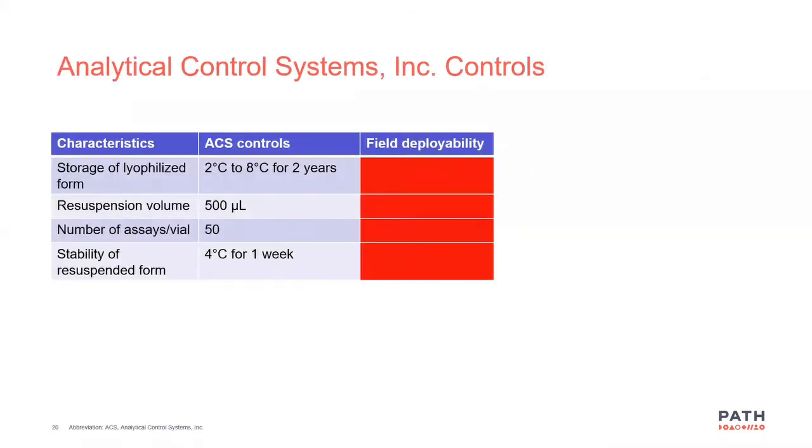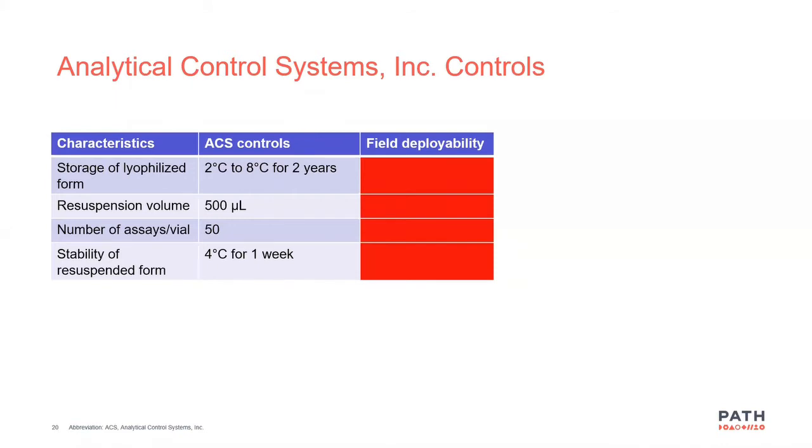So this slide is showing analytical control systems, which are commercially purchased controls for G6PD testing. They come in normal, intermediate, and deficient activities. And I want to point out, just looking at the slide, you can see quite quickly that they're not field deployable, mainly because the lyophilized form needs to be stored at 2 to 8 degrees. And once it's resuspended, it needs to be stored at 4 degrees, and then after a week, it's tossed.